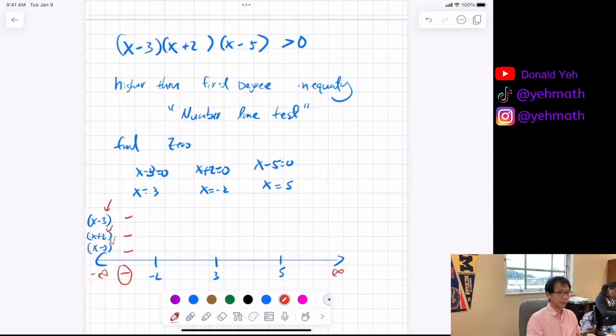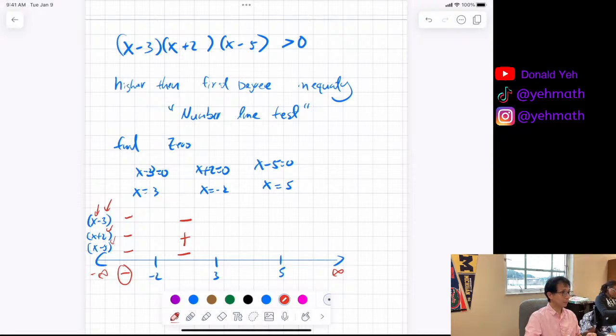What's a good number to plug in between -2 and 3? 0 is the best to plug in. If I plug 0 into x minus 3, I get negative. 0 plus 2 is positive. 0 minus 5 is negative. What sign does that sum up to?